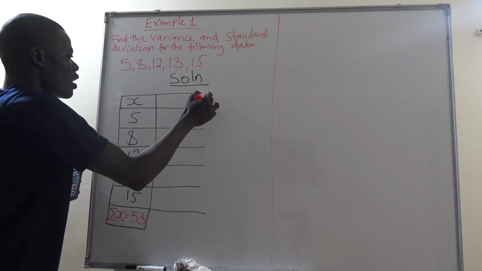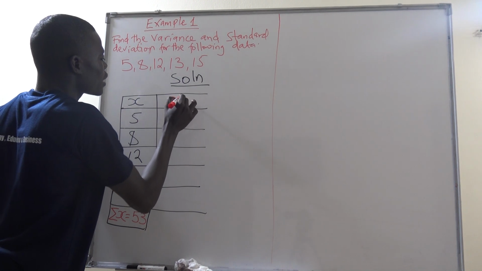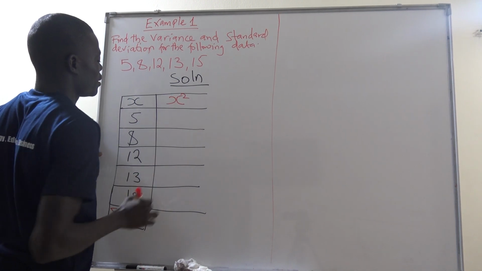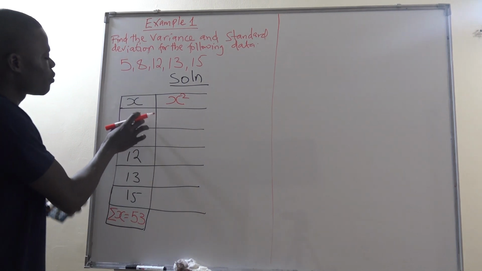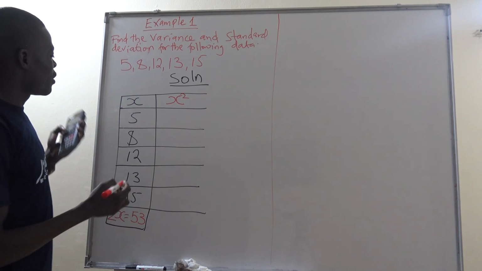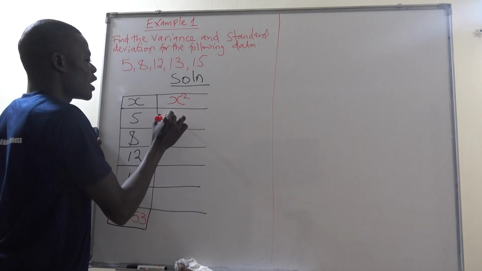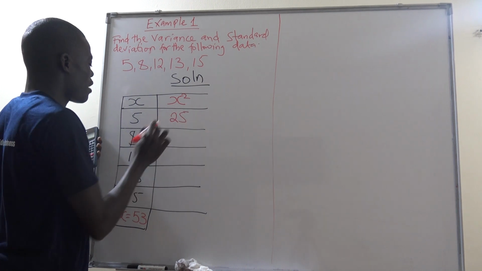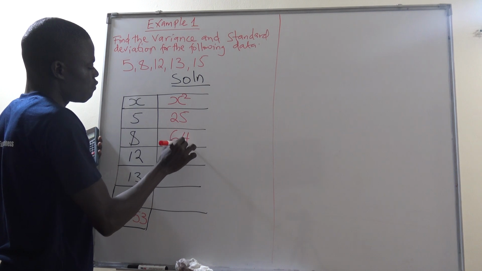Then the next column will be for x squared. X squared means whatever variable we have here, we shall square it. So 5 squared we get 25. 8 squared we get 64.